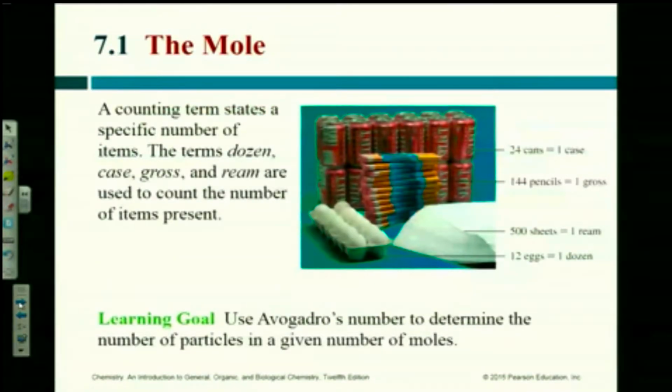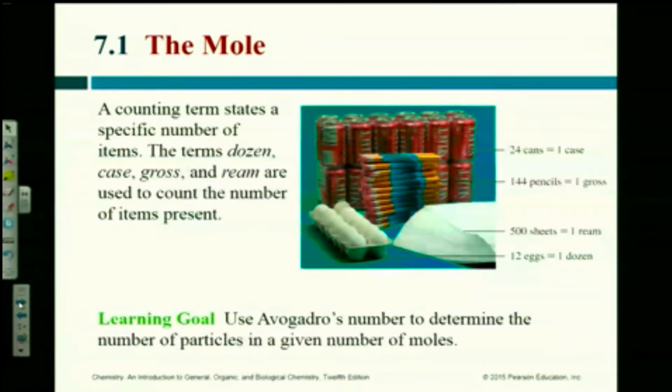The biggest concept in chapter 7, the central concept in this level of chemistry, is something called the mole. And we're not talking about little brown furry creatures, okay? A lot of students say, oh, I hate the mole. I don't understand why you hate the mole, because the mole is nothing more than saying you bought a case of water.